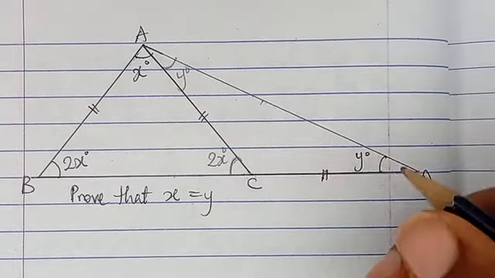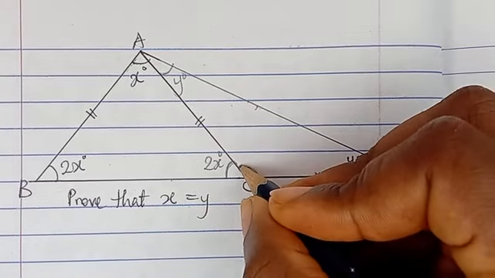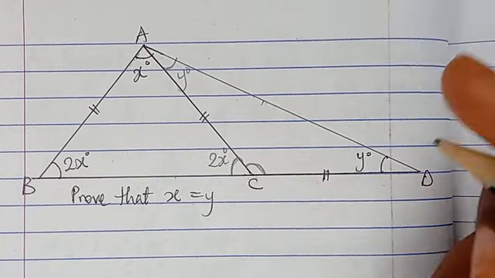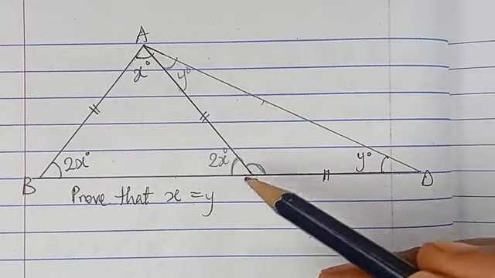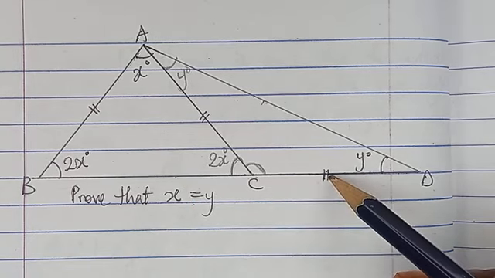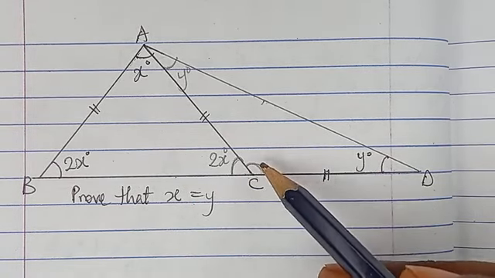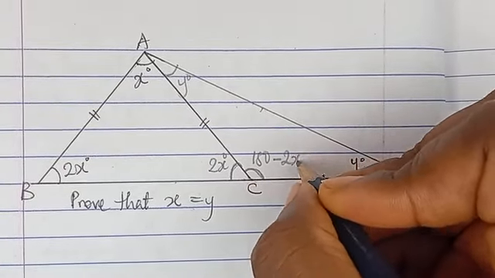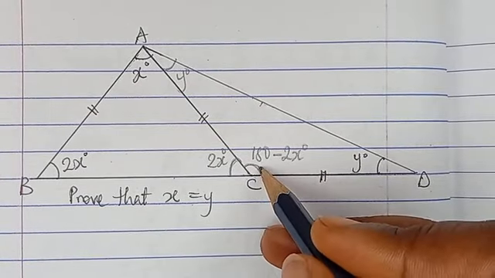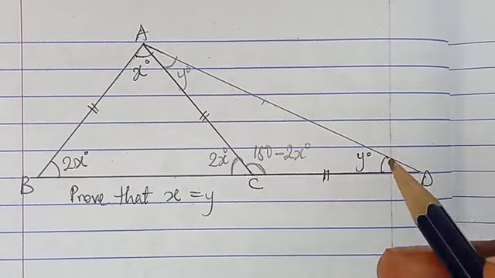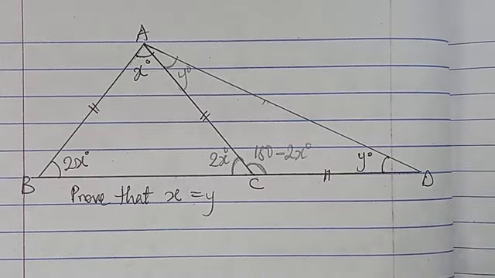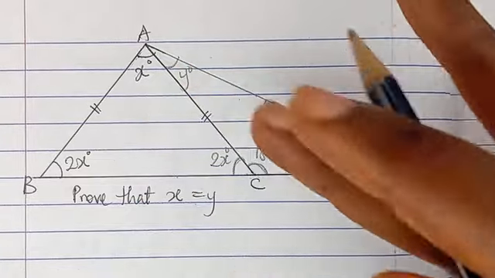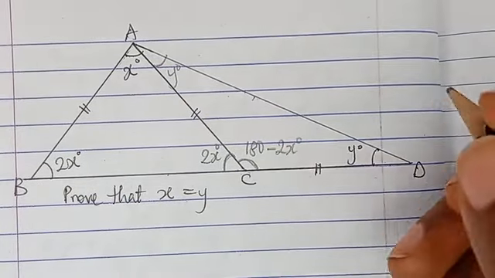And then this remaining angle of triangle ACD is equal to 180 minus 2x, because they are angles on a straight line. Now, all these things I've already given the reasons for in this annotation inside this triangle.